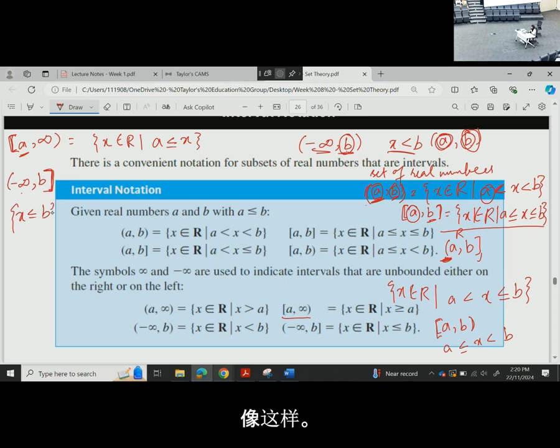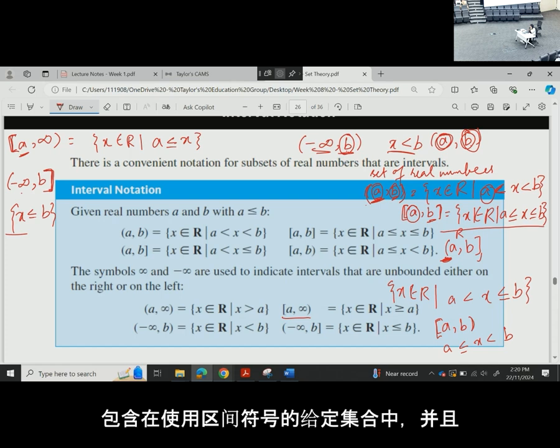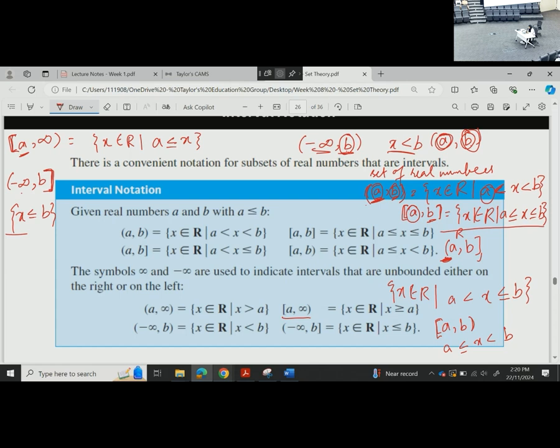This is how you can show the elements that are included in a given set using interval notation, whether it is a finite set or an infinite set. Is it clear? Yes. Question? Okay. All right.